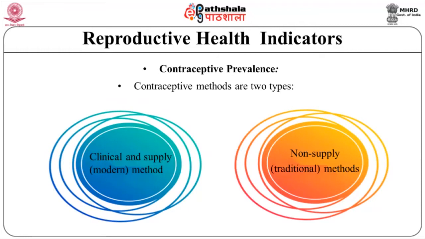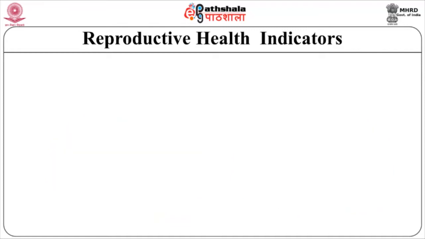The contraceptive methods are of two types, that is clinical and supply or modern methods, and non-supply, that is traditional methods.